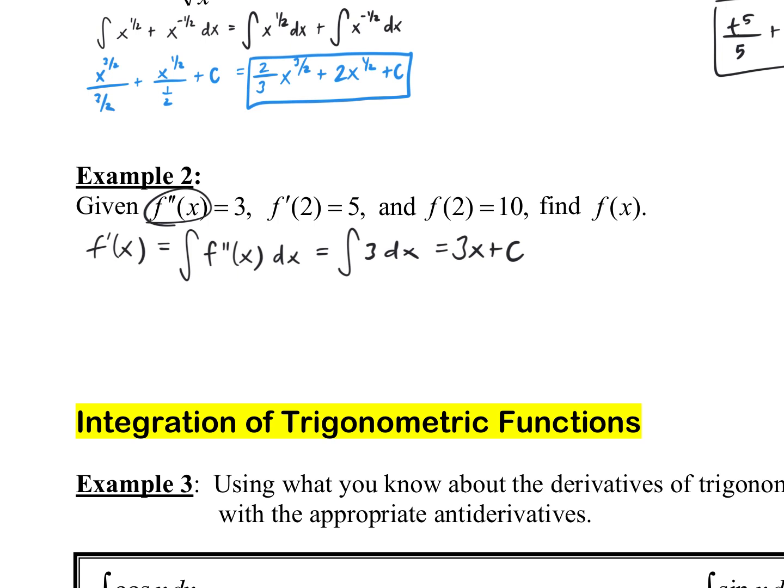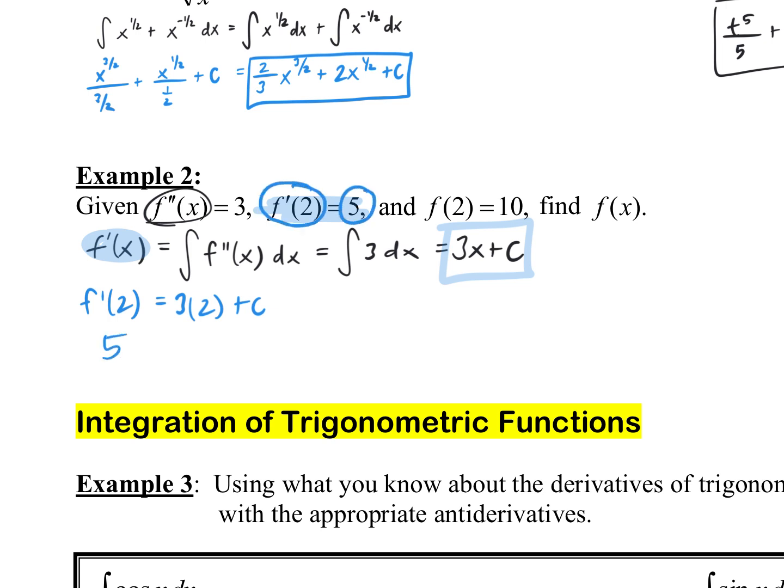Now I know that f prime of 2 is equal to 5. This function, f prime of x, is currently equal to 3x plus c. But if I plug in 2, then I can solve for what c is equal to. So f prime of 2 is equal to 3 times 2 plus c, and f prime of 2 equals 5.